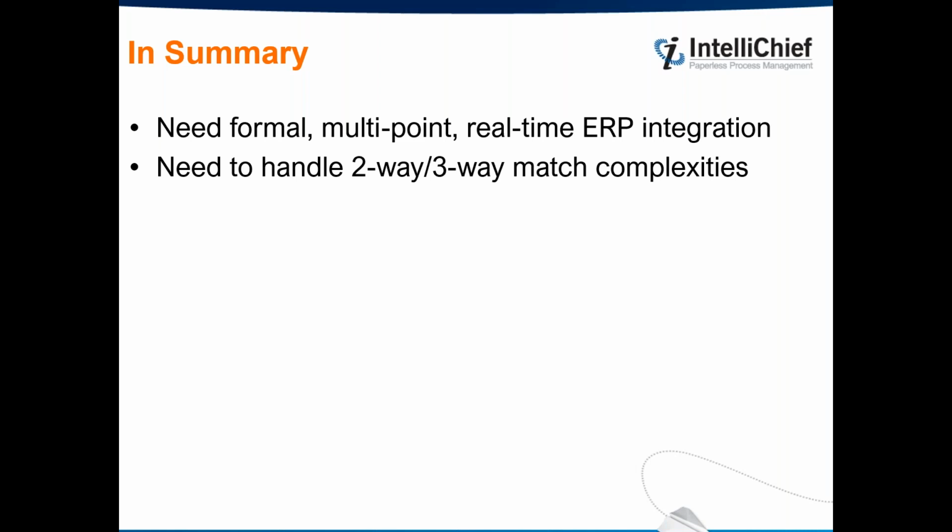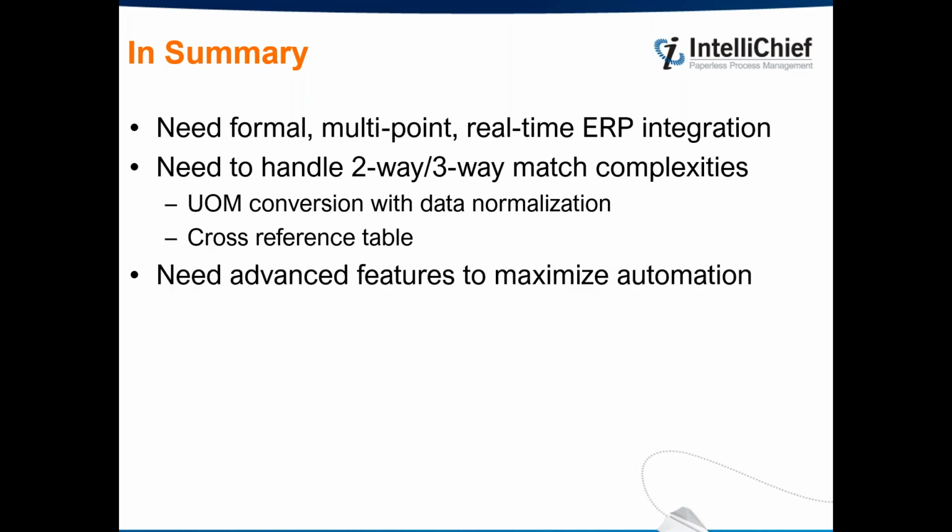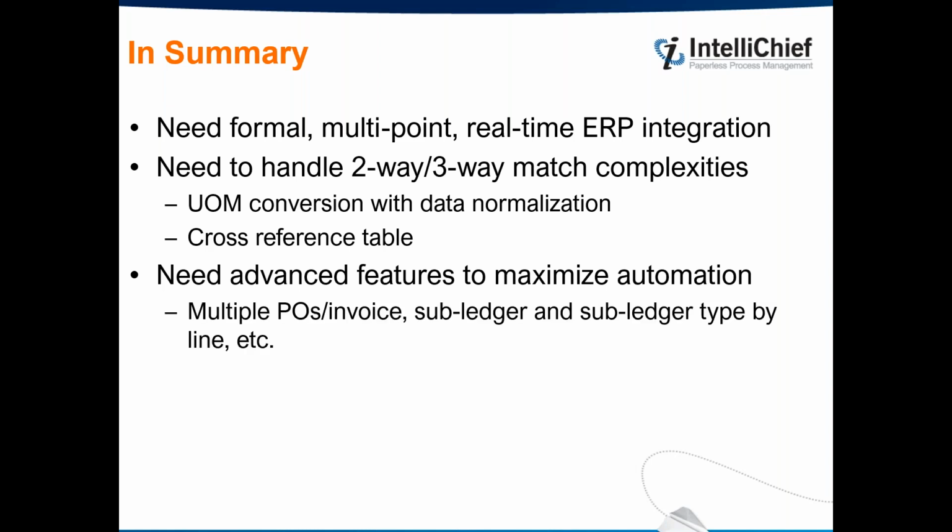And expectations are a big part of success or failure of a project like this. So unit of measure identification and conversion, cross-reference table for the item numbers, just being able to focus on those advanced features that will allow you to truly maximize that automation, which we've developed through that custom business service.